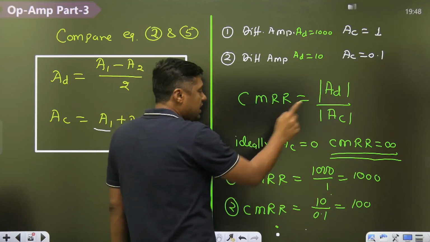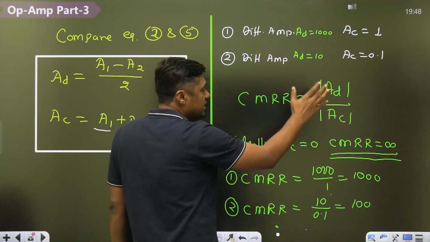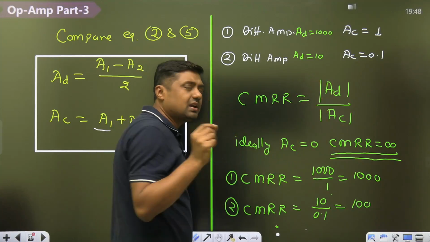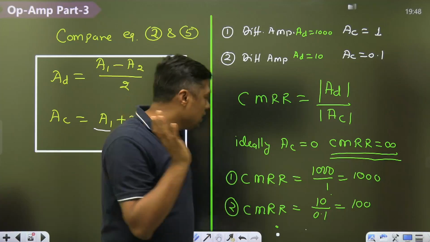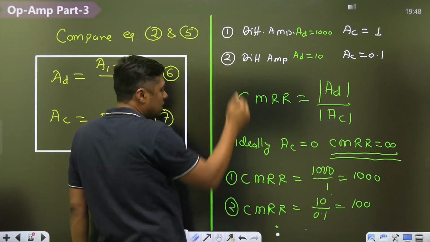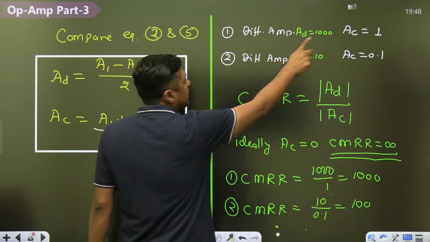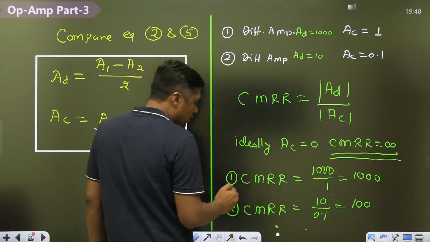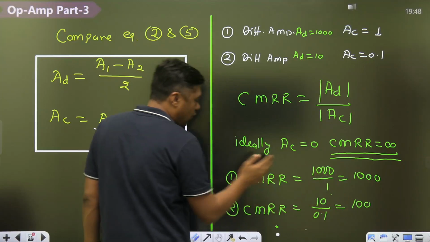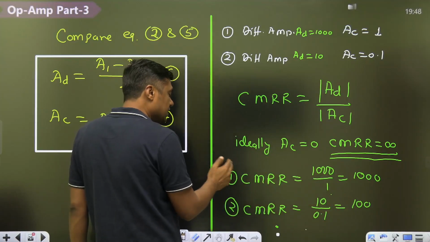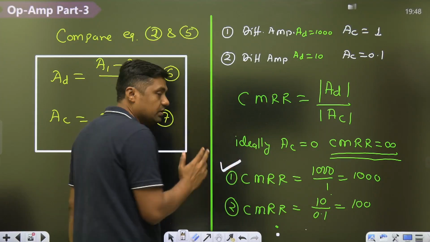If ideally AC is 0, then common mode rejection ratio should be infinite, and practically it should be as large as possible. So for first case, what is the CMRR? AD upon AC, it is 1000. For second case, 10 by 0.1, that is 100. And for first one, it is high, and that's why the first one is better than the second one.